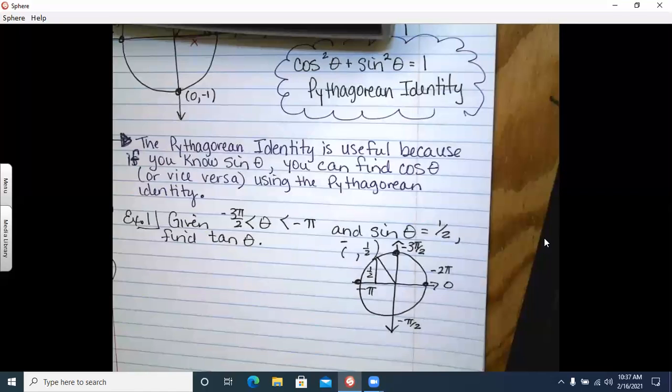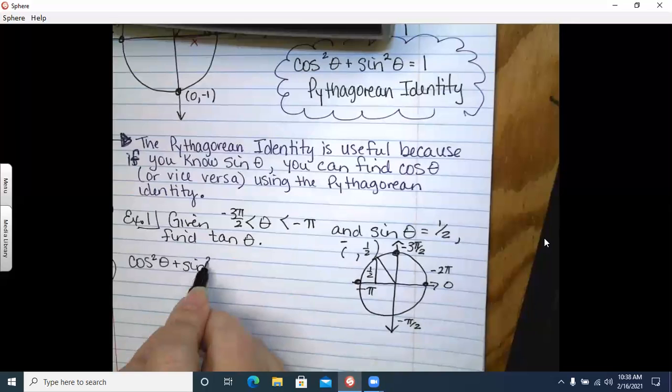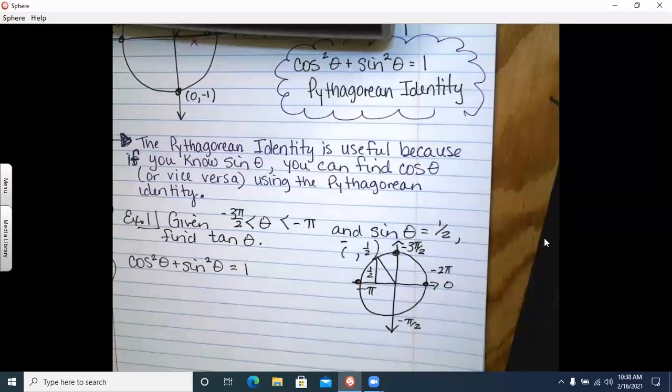We're going to use the Pythagorean identity, which is cosine squared of theta plus sine squared of theta equals 1. We don't know the cosine, so I'm just going to bring cosine squared of theta down, and I'm going to add the sine, which is 1/2, but in this formula, that's squared, right?